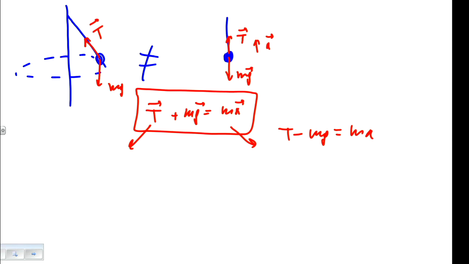But here, we have to use vectors: T plus mg equals ma.